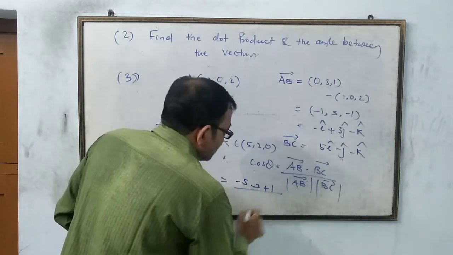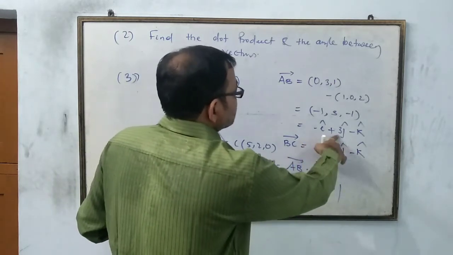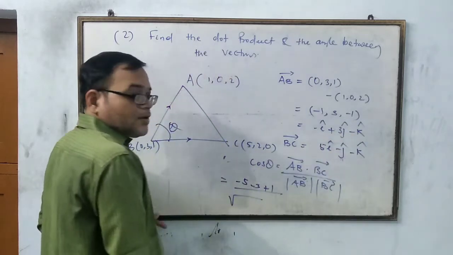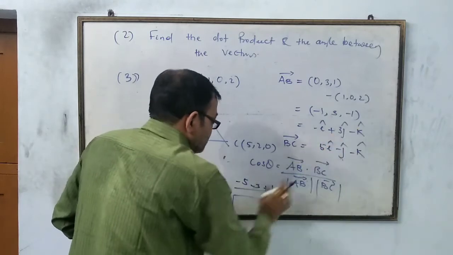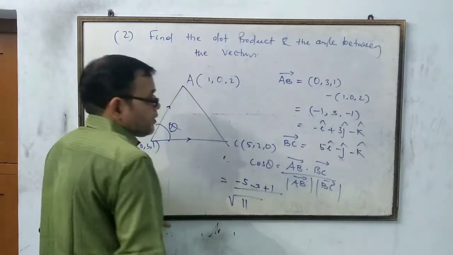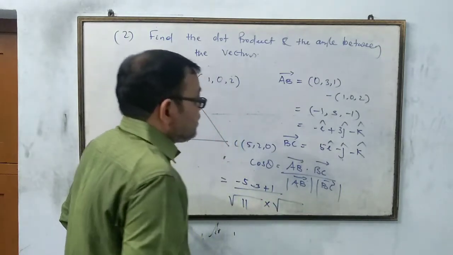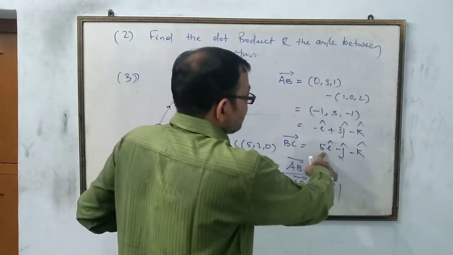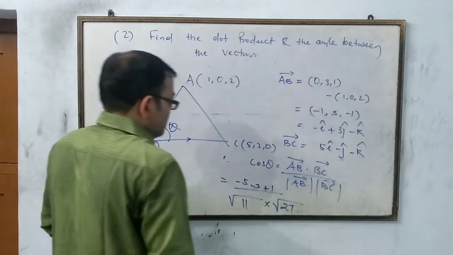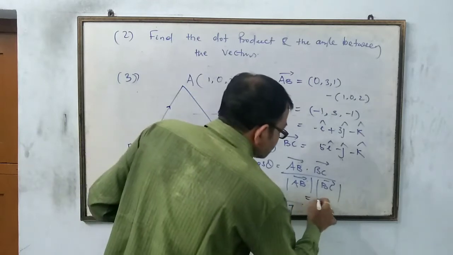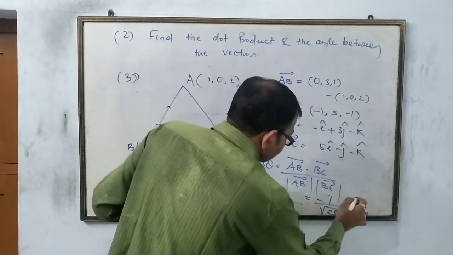By the magnitude of AB, root over of minus 1 square plus 3 square plus minus 1 square: 1 plus 9 plus 1, it is 11. Now BC, 5 square is 25 plus 1 plus 1, 27. So the answer is minus 7 by root over 297.